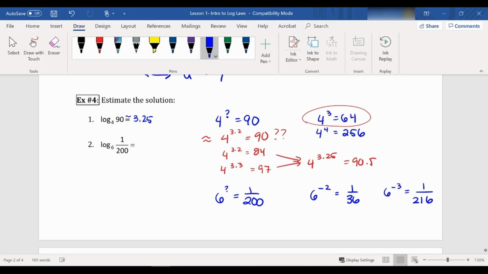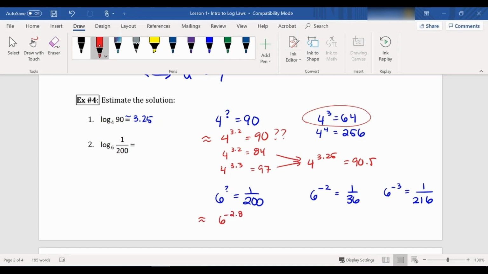And again, using our laws from grade 9 and 10, we know 6 squared is 36. And that's where I get 6 to the -2 is 1 over 36. 6 cubed is 216. So 6 to the -3 would be 1 over 216. Again, we're much closer to -3 than -2 here. So we could guess approximately maybe 6 to the -2.8.